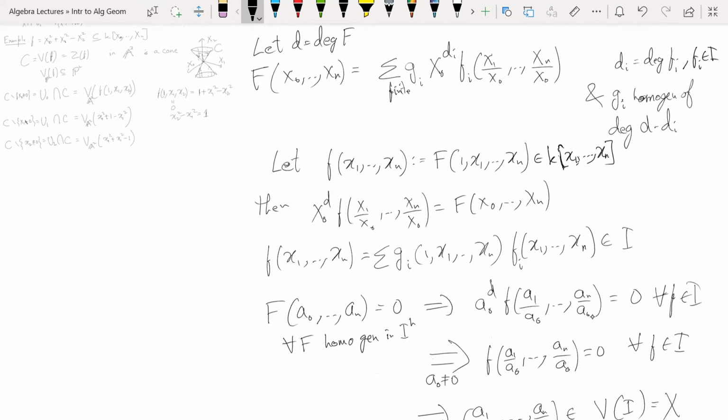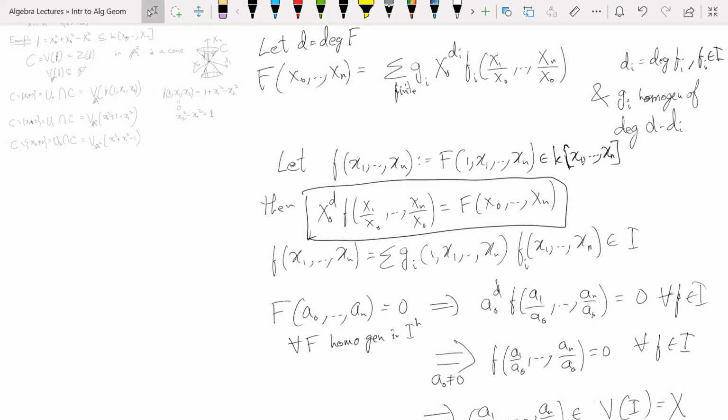So remember, F(a naught, ..., an) in terms of little f is the same as a0 power d f(a1 over a0, ..., an over a0), because of this fact. Is this okay?